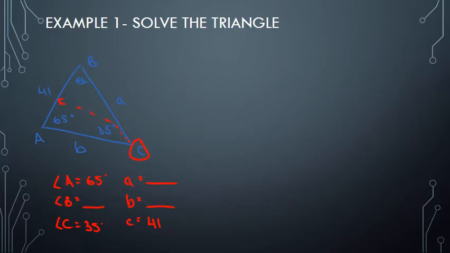If I look here, with C, I know angle C, and I know side C. So because I have that angle-side pair, I can use sine law. And down here, this is one thing that makes this really nice to use: when you have a complete row, you know you're good to go with respect to sine law. Feel free to use that silly rhyme. So because I have this row, I know I'm good to go.